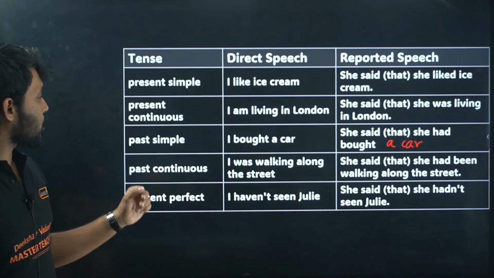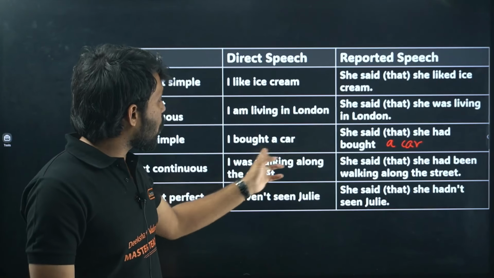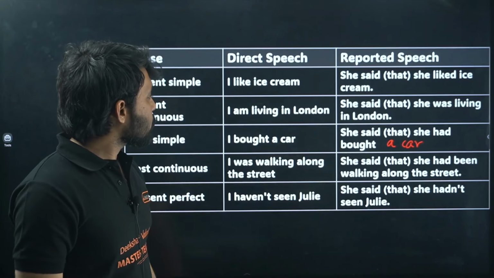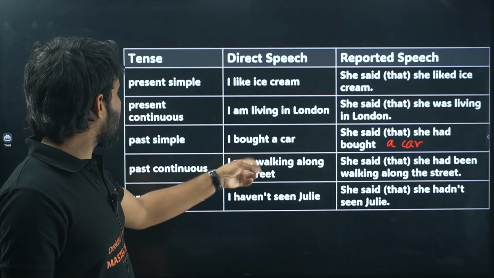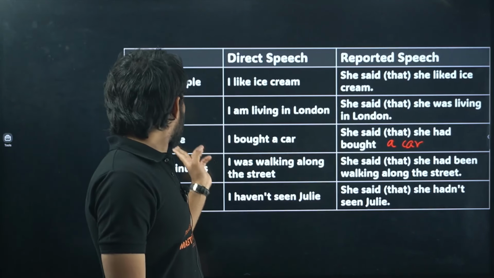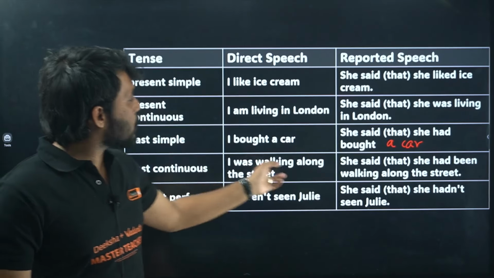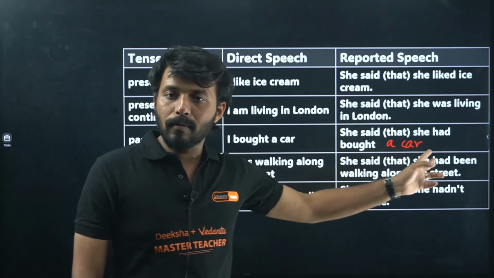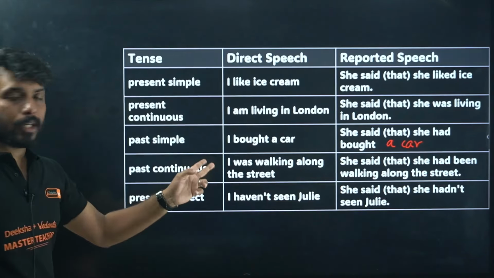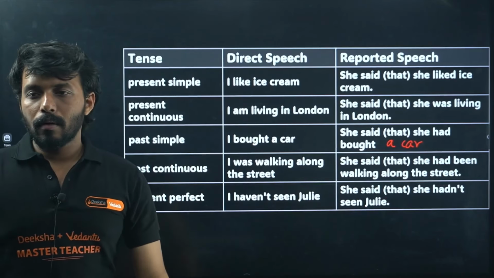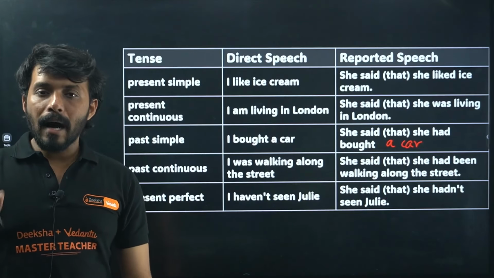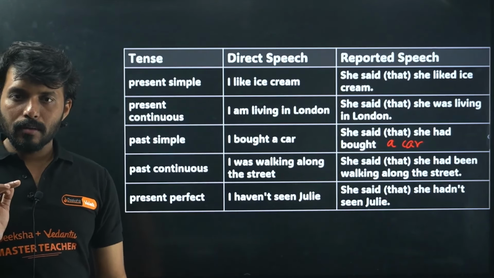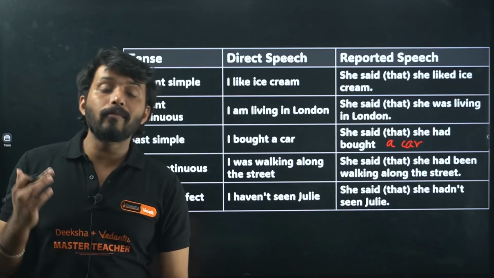Next, past continuous. I was walking along the street. So if here simple past gets converted to a past perfect, what will past continuous get converted to? It will get converted to past perfect continuous. Are you thorough with the tenses? We have 12 tenses.